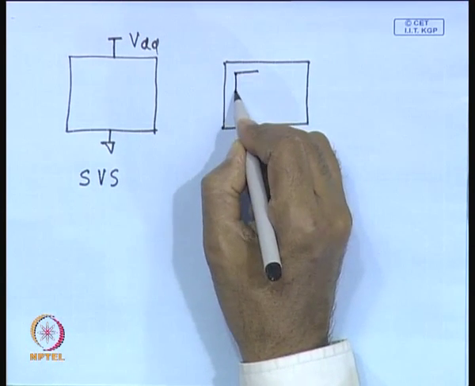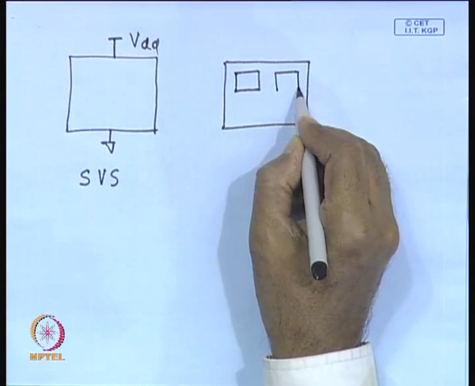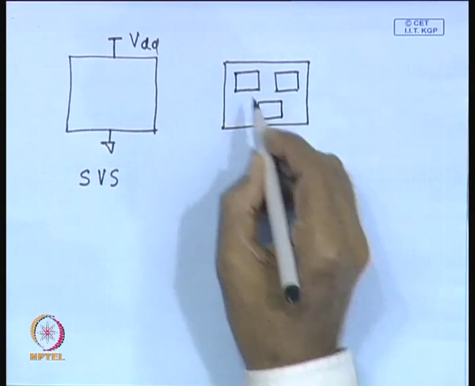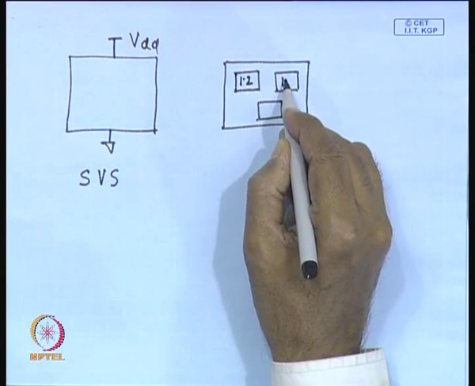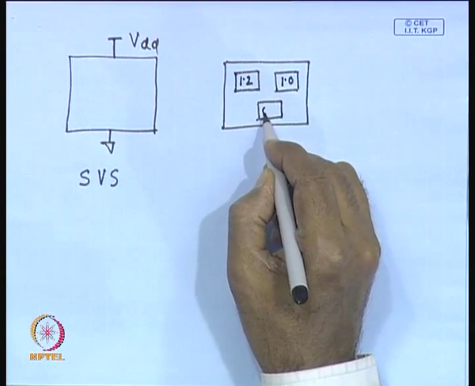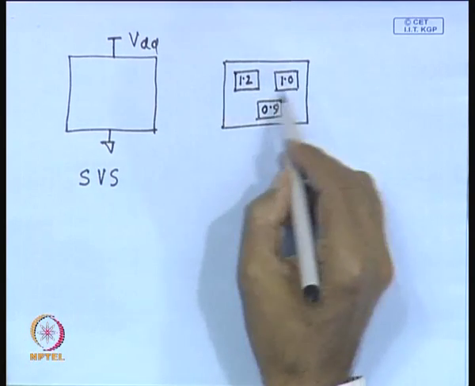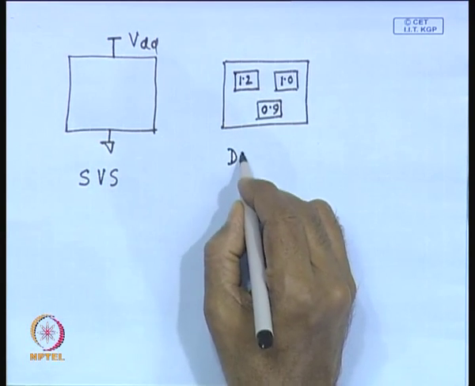We can create different voltage domains like this, and maybe this circuit will operate at say 1.2 volt, this can operate at 1.0 volt, this can operate at 0.9 volt, like that. That means, within a single circuit you have different voltage domains.